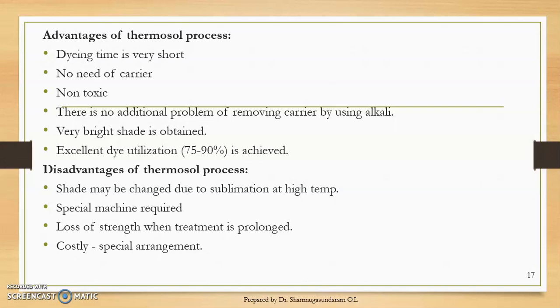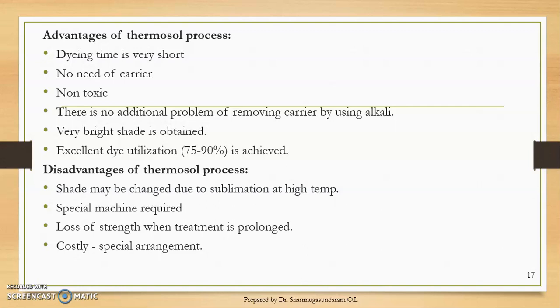That process is called reduction clearing treatment. Here that process is entirely eliminated. Very bright shade is obtained in this process. Excellent dye utilization, because 75 to 90% of the dye is transferred from the dye bath to the fabric.